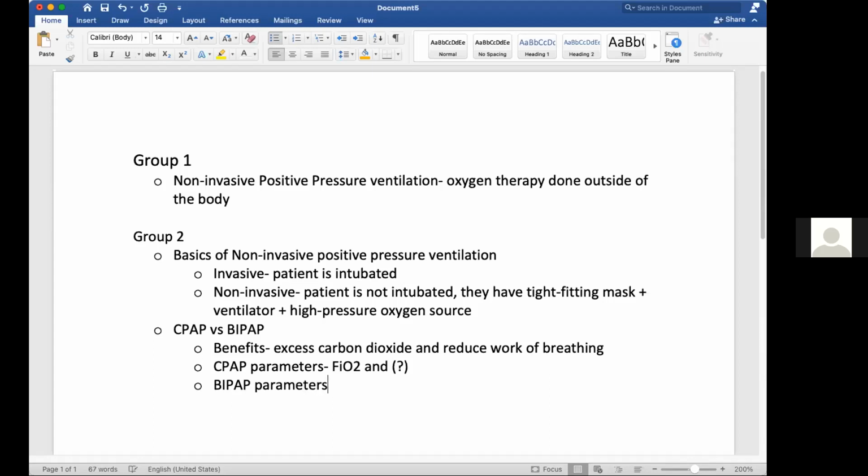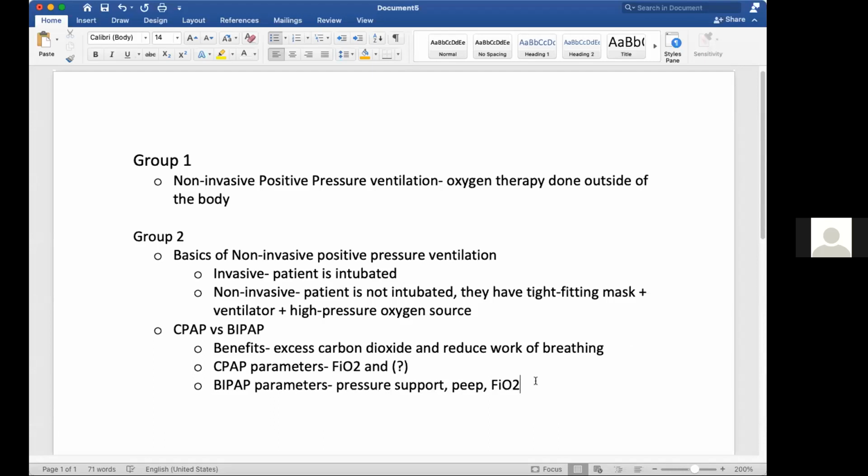So you have two pressures: the pressure support, or the pressure added during the inspiratory breath, and the PEEP, as well as the FiO2. So you have three parameters to adjust in BiPAP mode. These are the two basic modes under non-invasive positive pressure ventilation. Then we said that the importance of non-invasive positive pressure ventilation is that it improves oxygenation.